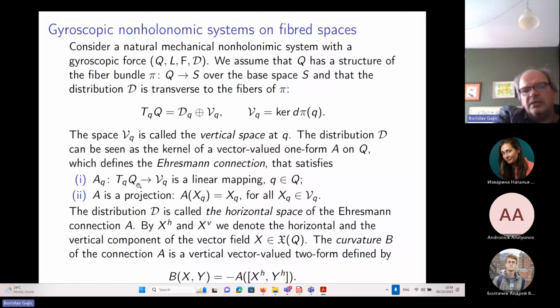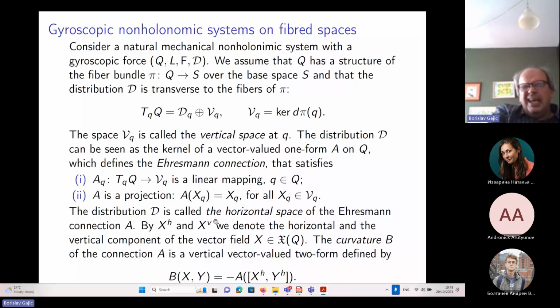So any vector field on Q can be decomposed into a vertical part and a horizontal part. The horizontal part belongs to the distribution and is projected by A to 0, and the vertical part is the rest.